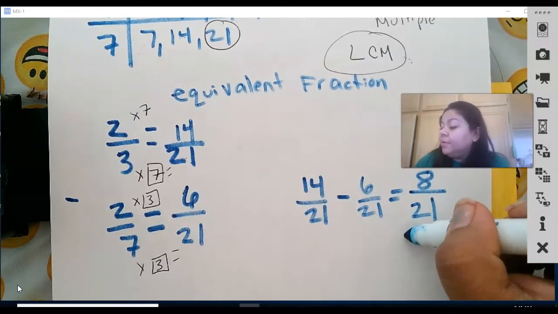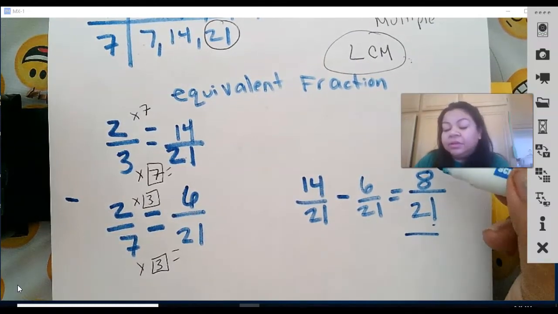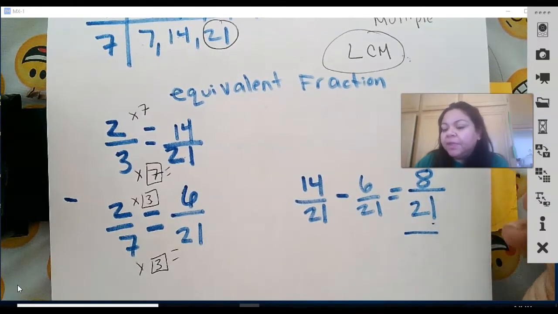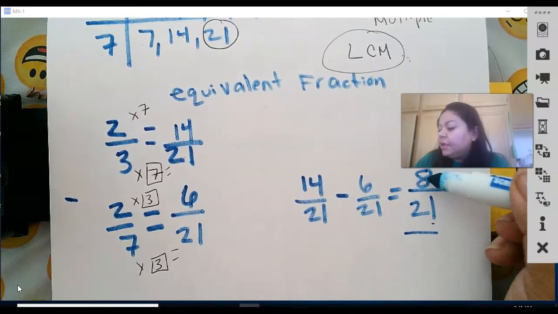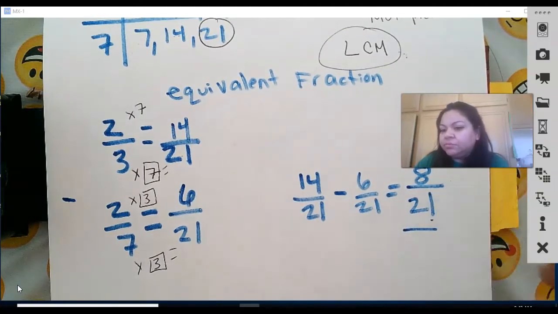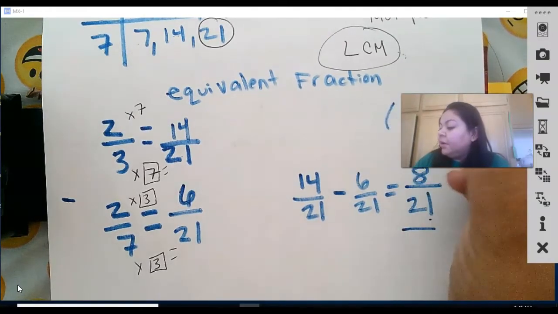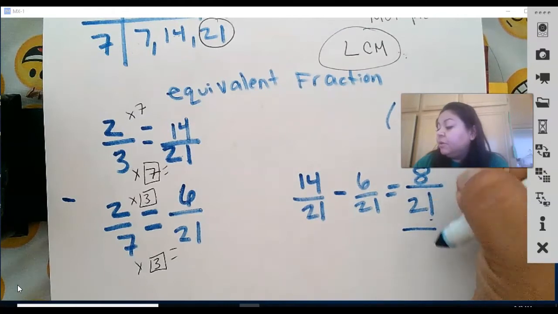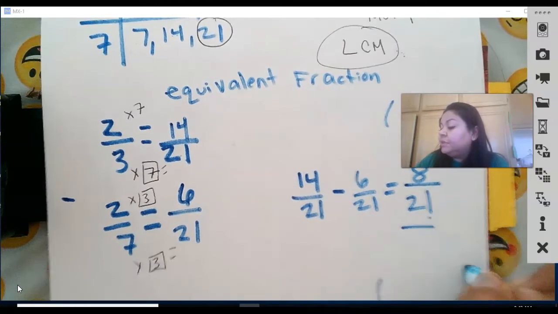Now, every time you finish, you gotta make sure that it's simplified. It's in its simplest form. That means that I cannot divide this more to make it smaller. And the way that you can check that is by again writing the factors of both the numerator and the denominator.